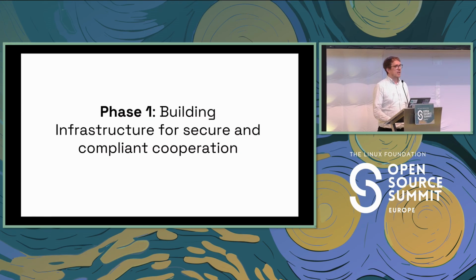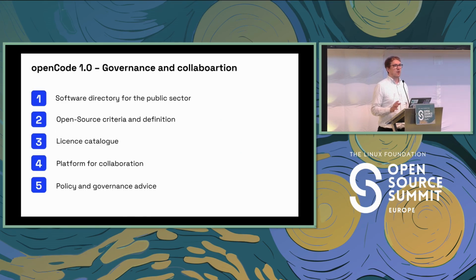In the beginning, it was mainly about governance and collaboration, so bringing the sector and the expertise together to deal with the solutions that are already there. So OpenCode in the first phase was building up a software directory for all the open source solutions.